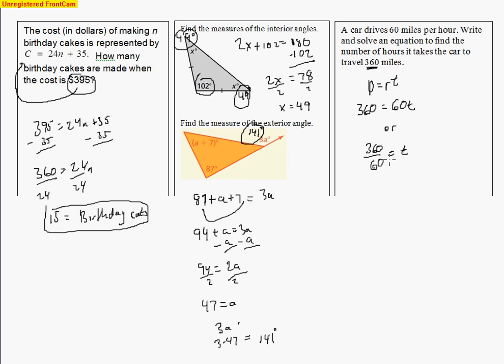So I'm looking for some sort of variable in the problem, and I need to say what the variable is. T equals the amount of time, and that's going to be time in hours. And so I go ahead and do the division, and it looks like 6 hours is our answer here. So those are problems that you'll see on the test. Good luck.